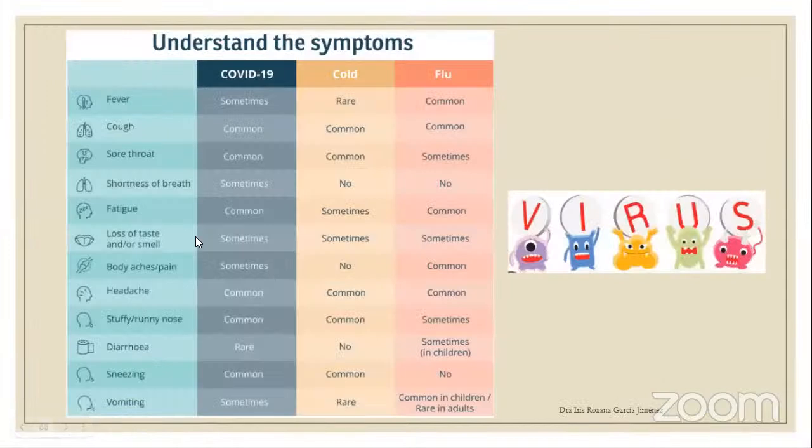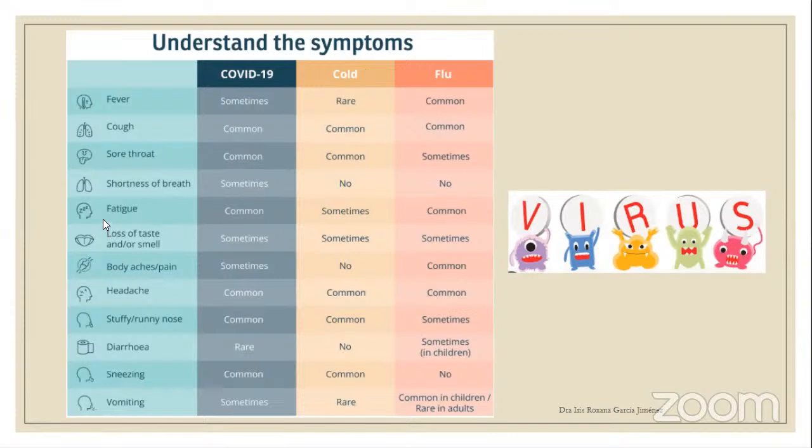And this chart is just for making a comparison and finding how to express properly in COVID-19, cold or flu. For example, fever in COVID is sometimes, in cold it is rare, in flu it is common.